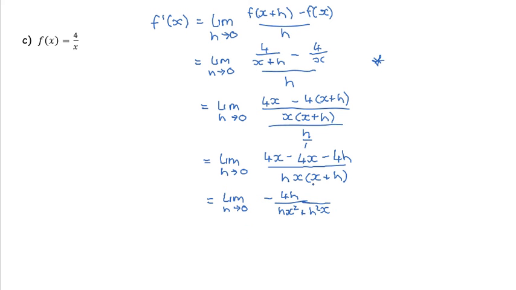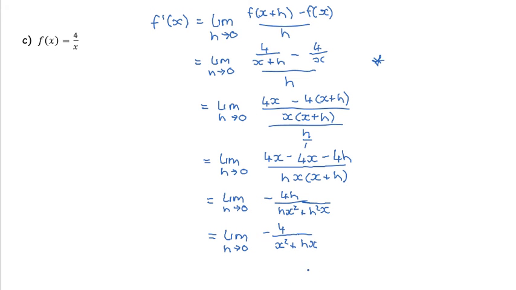Okay, so we're getting closer now. You'll see again some h's will cancel, which will leave it quite nicely. So the limit as h tends towards 0, h cancels, so that's negative 4 over x squared plus hx.